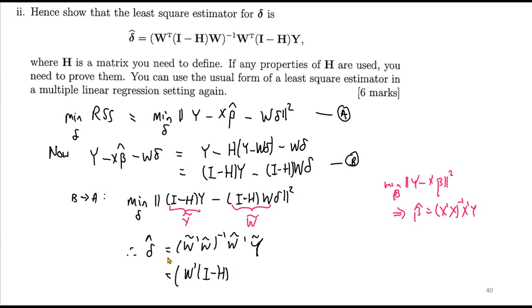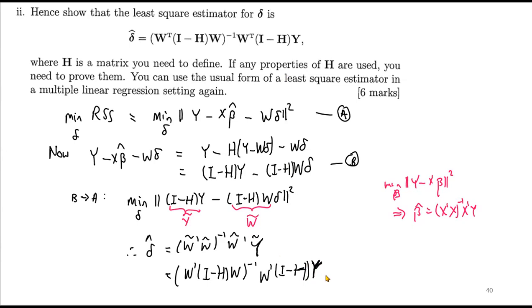Now you will need to maybe add an extra line here, because you need to show the properties of H that you're using. Basically, I'm using the property that I minus H is idempotent. Well, that is something you will have solved as an exercise in the homework. So you don't have to do it here, but in the exam, this question, you would have to do it, but it's something that you've done already. Why?